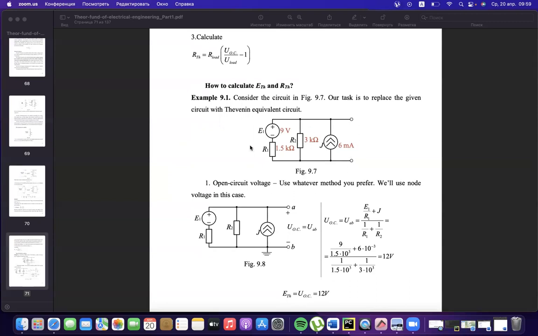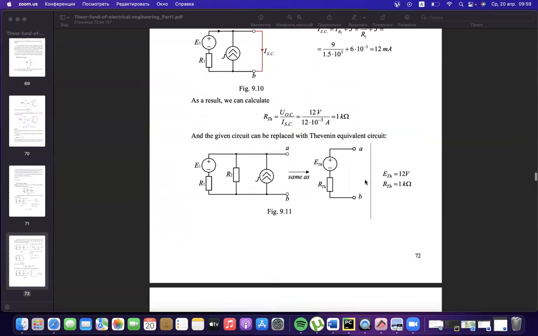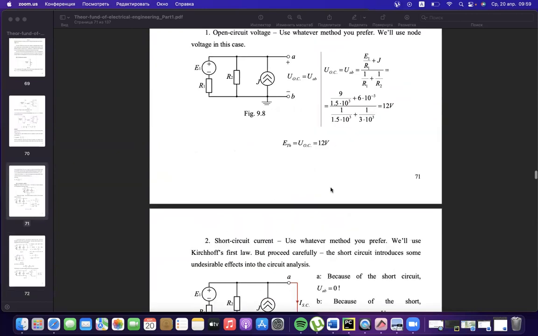These two terminals consist of two resistors, one voltage source, and one current source, and we want to substitute it by the simplest model, like here. Only one voltage source, only one resistor. What should we do?